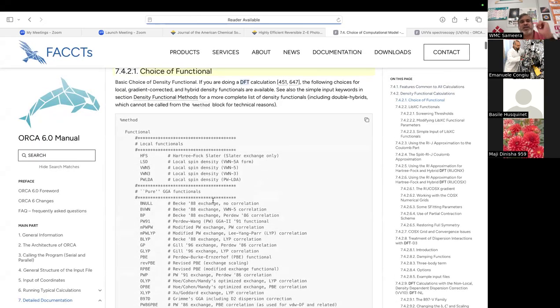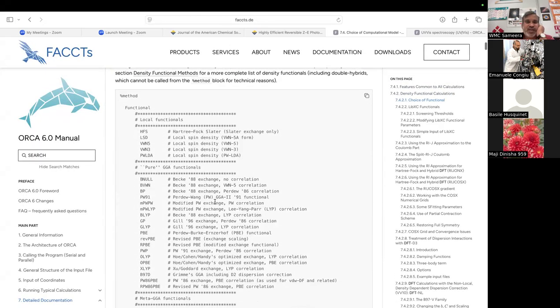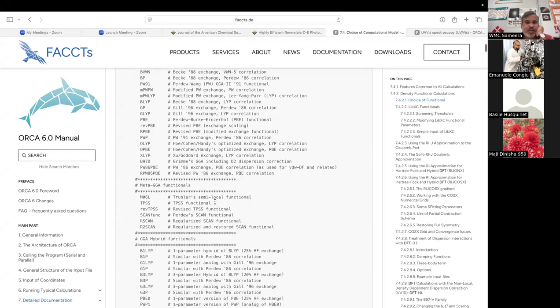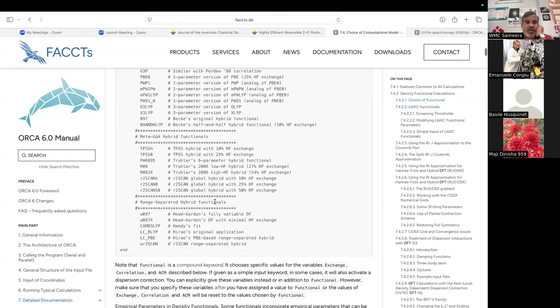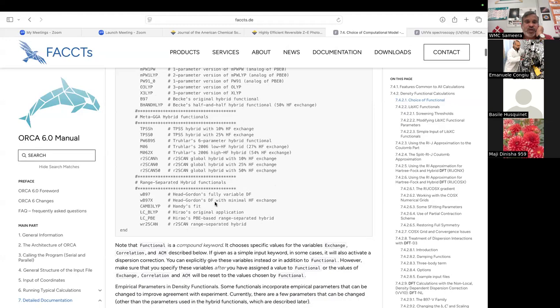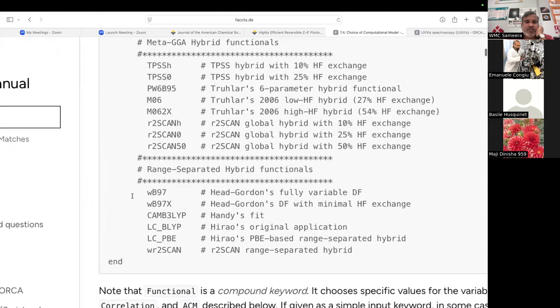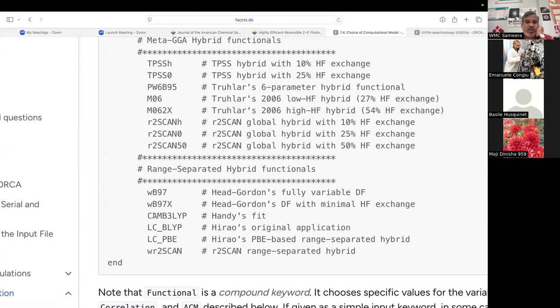There are many different density functionals you can find in the manual. When you go into excitations, typically you can use range separated hybrid functionals. So this is a good candidate to compute excitations. Of course, the tutorial used that. Another option is that one, and also LC-PBE is also good.